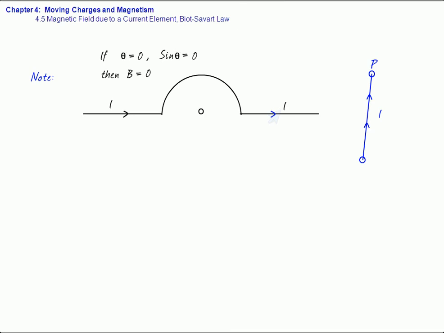At point O, magnetic field will be only due to this semicircular portion. What will be the expression of this magnetic field at O, that we shall discuss later on after studying the applications of Biot-Savart law. But this thing is clear. Along the direction of dl, magnetic field is 0.